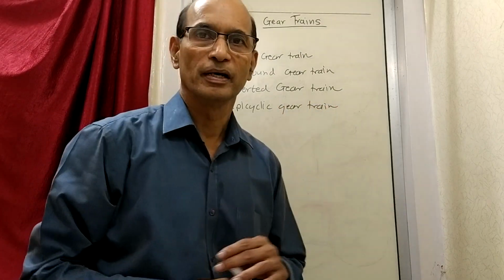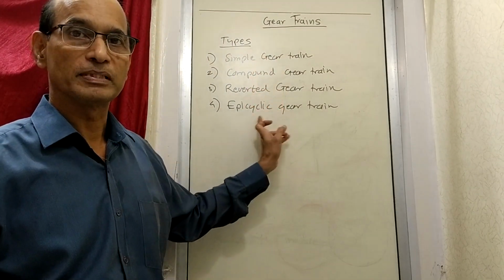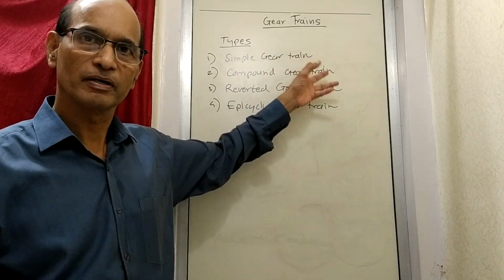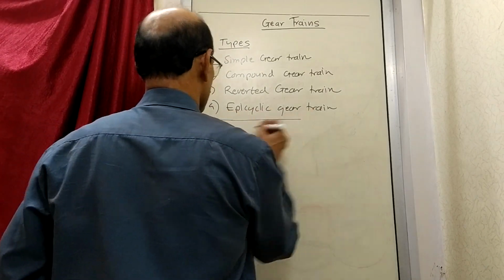So these are the four types of gear trains we are going to learn. There are different types of arrangements giving different types of results. So let's first study the simple gear train.